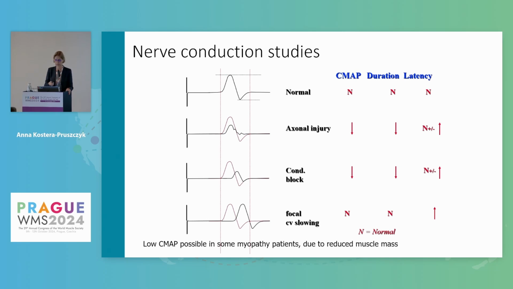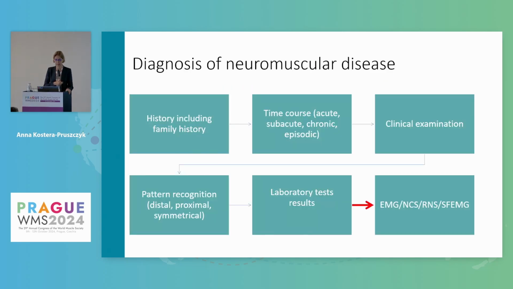Focal slowing, very important, but also low compound muscle action potential is possible for some myopathy patients due to reduced muscle mass, so many of our findings will be non-specific.